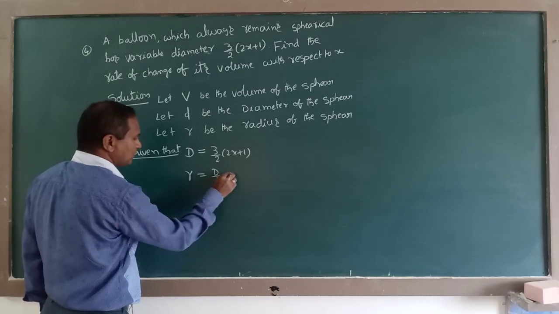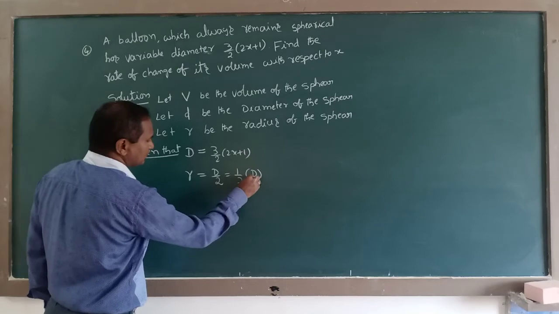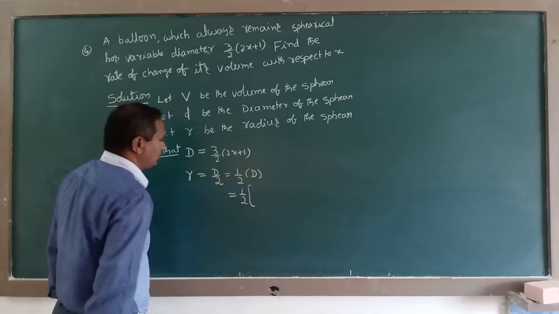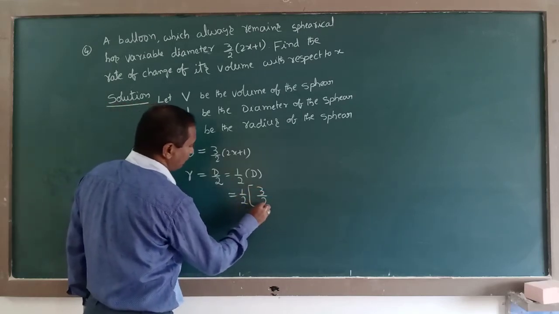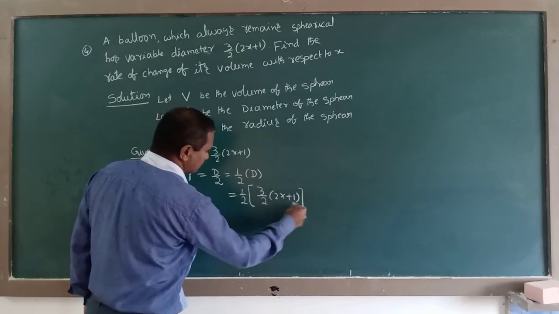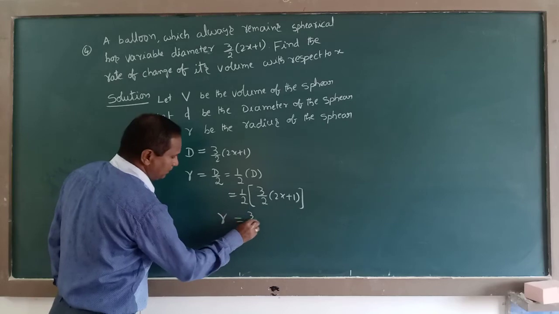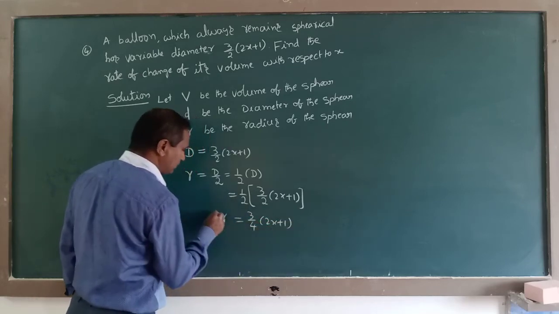That is 1 by 2 of d. That is 1 by 2 of the variable diameter they gave here, 3 by 2 of 2x plus 1. That is r is equal to 3 by 4 of 2x plus 1.